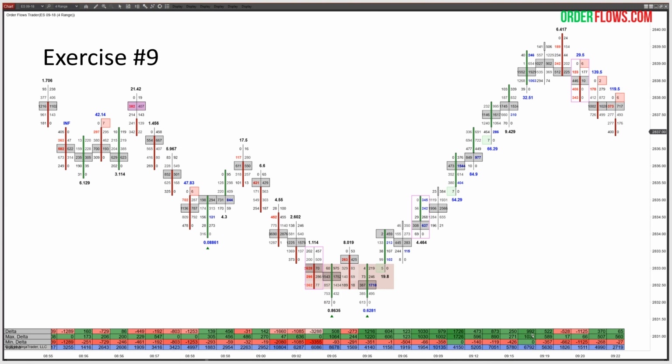You can see as you're coming into the high, you get that last push up, 922, went from a positive delta of 250 to 992, and then it got a little weaker, 522, and then minus 528, minus 1125 as the market starts selling off. Would I consider this a flip? This would be borderline.